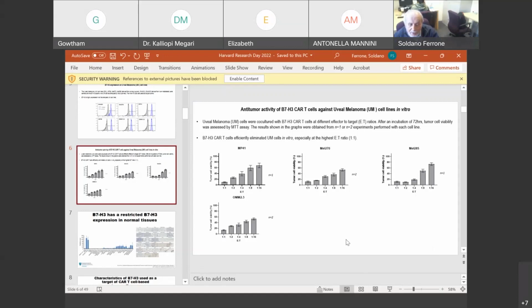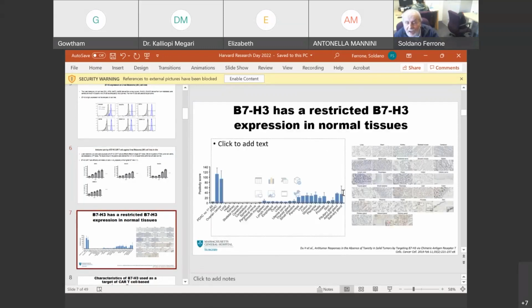And so for that, we have investigated the question of the type of normal tissues which express B7H3. And as it's shown in the next slide, B7H3 has a very restricted expression in normal tissues.